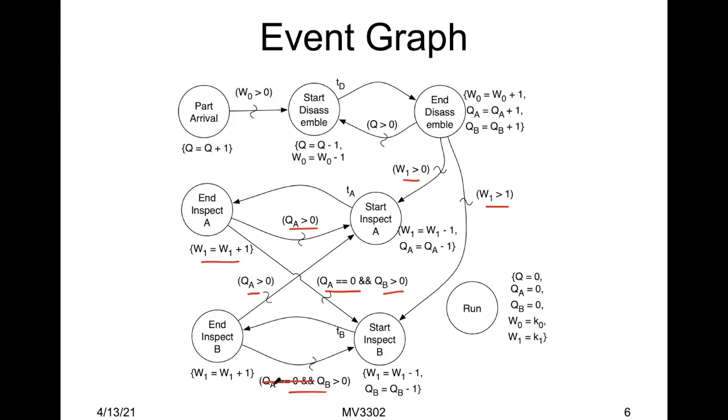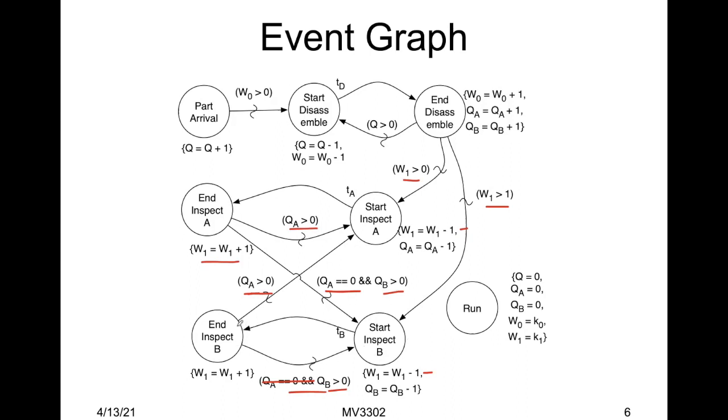Look at what happens if we don't have this first part of the condition. Let's say that there are part A and part B in the queue. This will schedule a start inspect on A, and it will schedule a start inspect on B. But if that happens, then regardless of the order that these happen, because we now have 2 decrements of W1, if W1 is 1 when this is scheduled, it will now be -1 when these 2 events are finished.